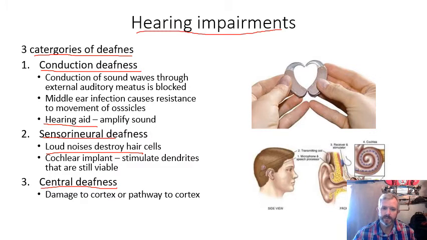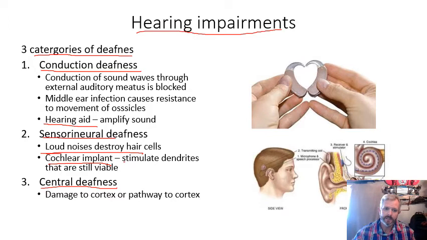You can actually stimulate those by using cochlear implants. Okay, stimulate the dendrites as long as they are still viable, as long as the pathway back to the brain is fine. You can still use the cochlear implants to help improve the hearing.